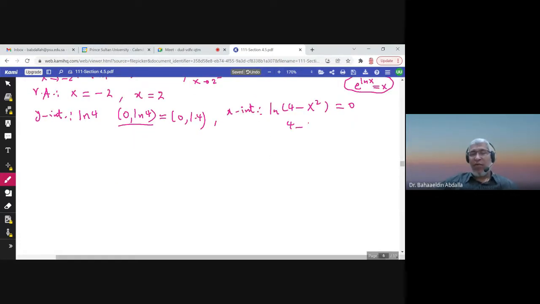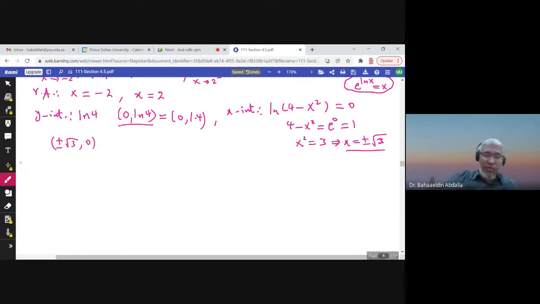So I will have 4 minus x squared equals e to the power 0, and e to the power 0 is 1. When I take x squared to the other side and bring 1 here, it would be 3. So x squared is 3. So x is positive and negative square root of 3. So these are the two x-intercepts.